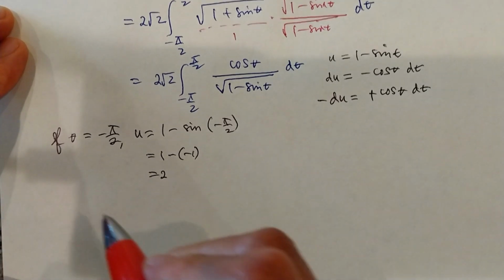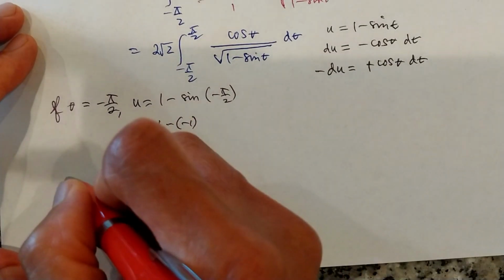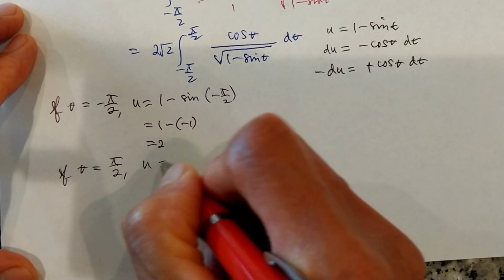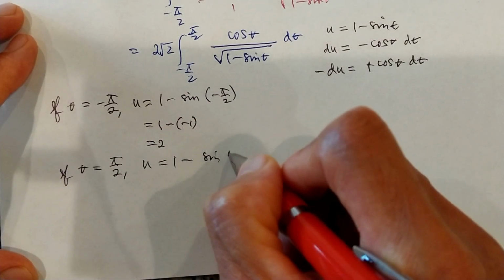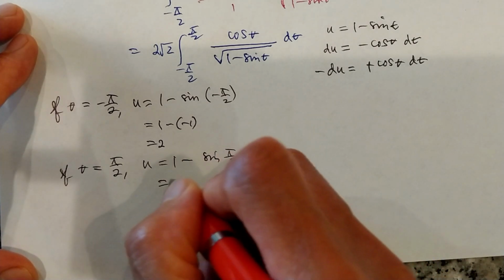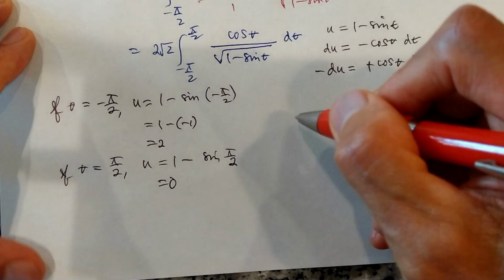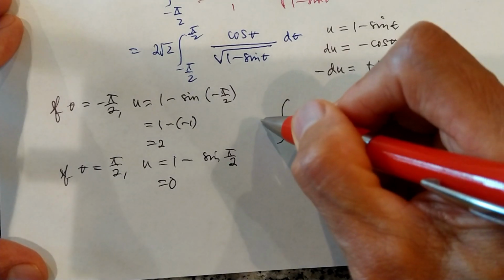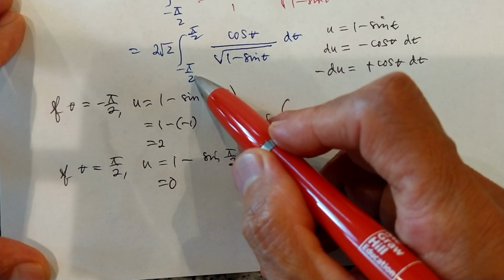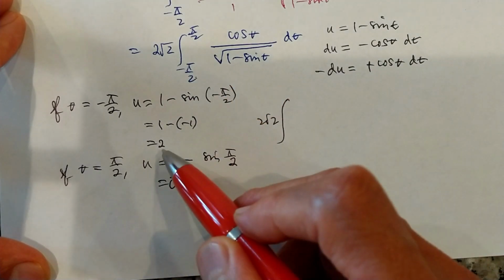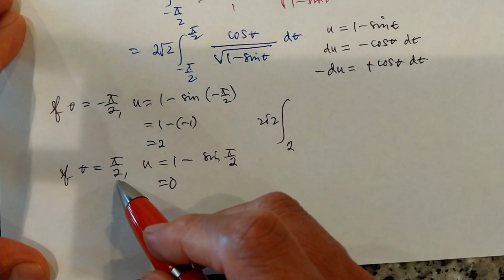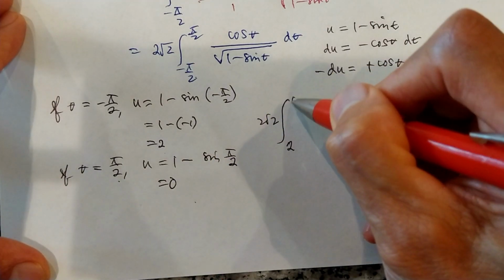And if theta is pi over 2, then u becomes 1 minus sine pi over 2. Sine pi over 2 is 1, 1 minus 1 is 0. So our problem now becomes 2 square root of 2. At negative pi over 2, our value of u is 2, and at pi over 2, our value of u is 0.